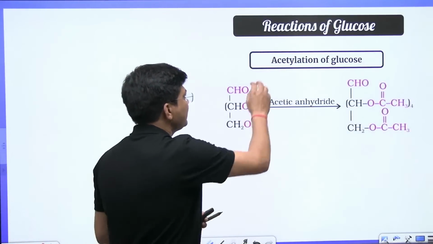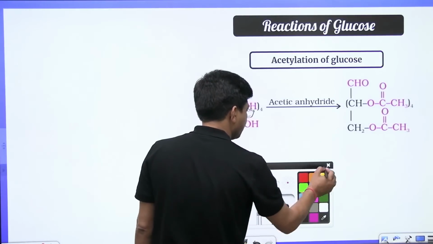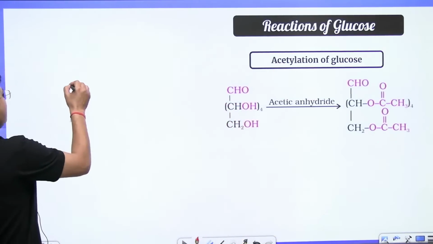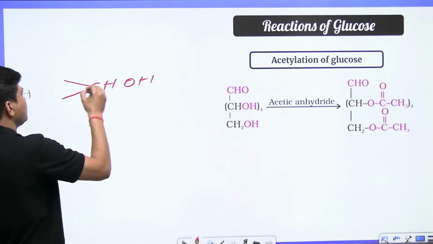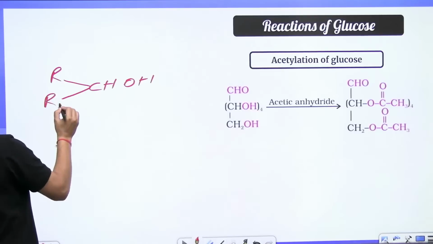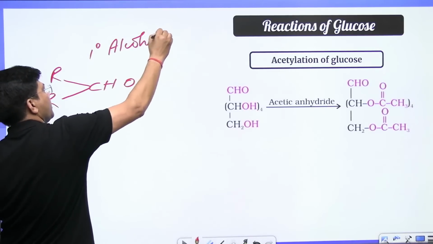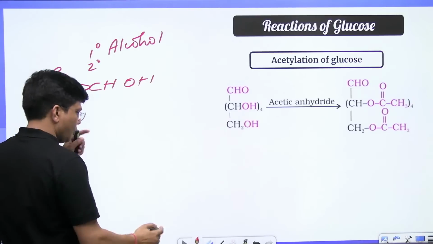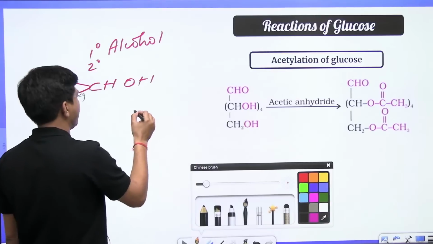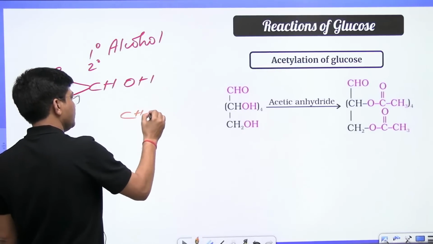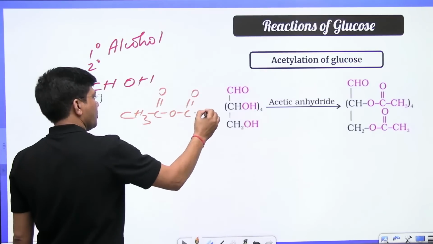Acetylation. Acetylation reaction, how does it proceed? See to it. If I am having CHOH, that is a primary alcohol or a secondary alcohol, whatever the alcohol, and it is going to react with acetic anhydride, CH3 C double bond O, O, C double bond O, CH3.